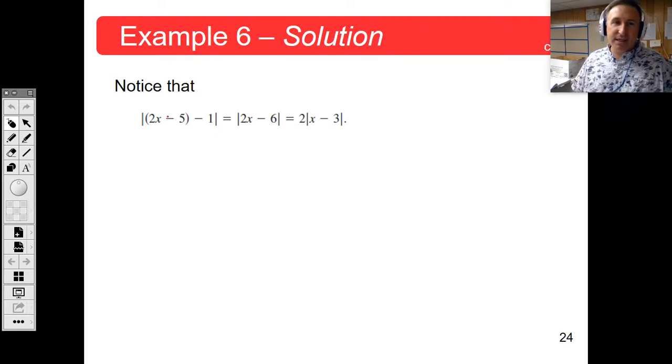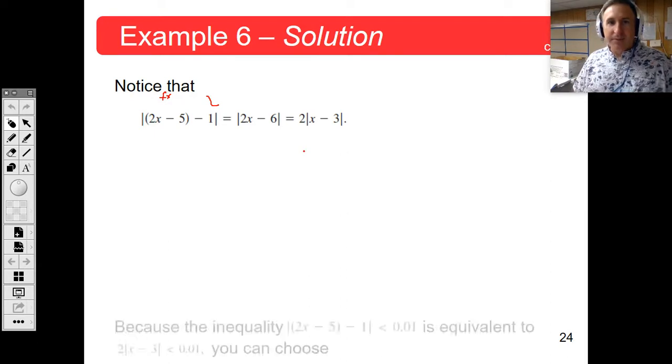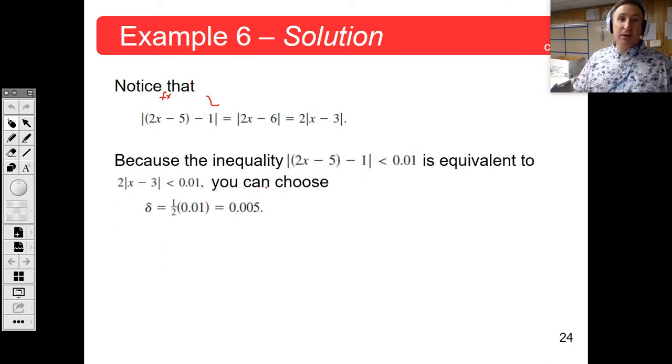And so we're going to set this inequality up. Here's the function. This is f of x. And this is L. Ooh, that doesn't look so good. And we're going to simplify. Because the inequality is less than 0.01, this inequality is equivalent to this, we can solve.